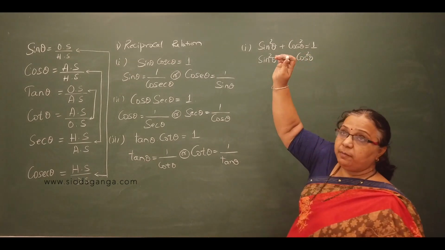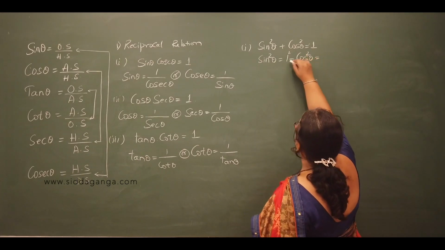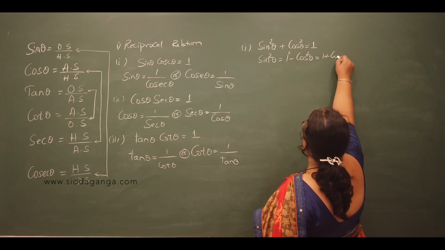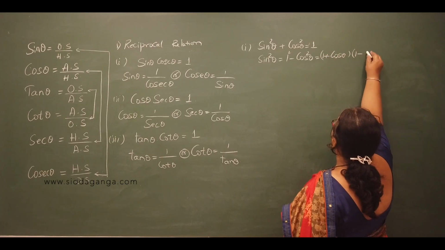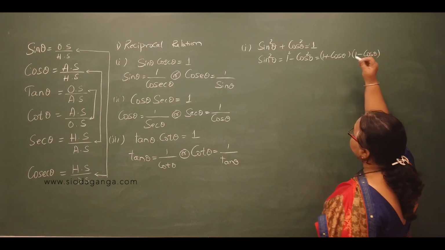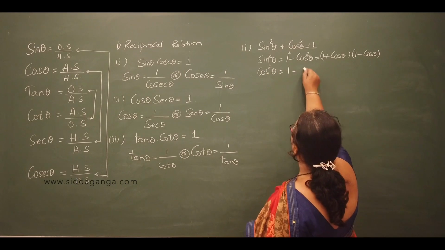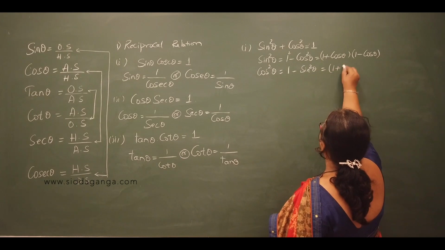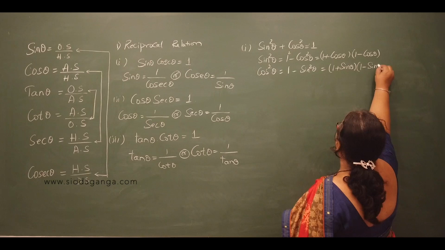While solving problems, this can also be expressed in the form of a square minus b square. To simplify the problem, we can express this as 1 plus cos theta into 1 minus cos theta, or cos square theta equals 1 minus sine square theta. This can also be written as 1 plus sine theta into 1 minus sine theta.